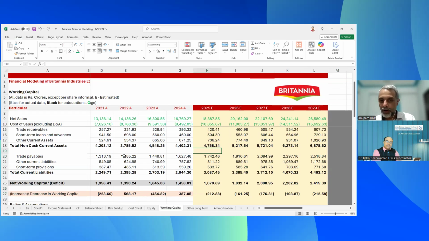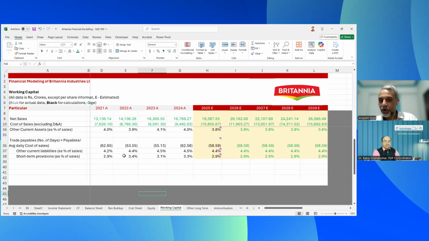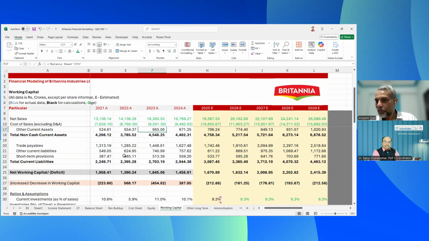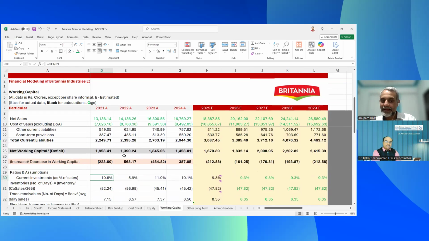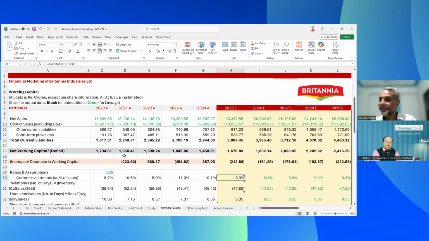Again, for all of these values in the working capital, most of them are as a percentage of sales, right? So we calculate the percentage of sales for 5 years, then use either an average or last year value, right?